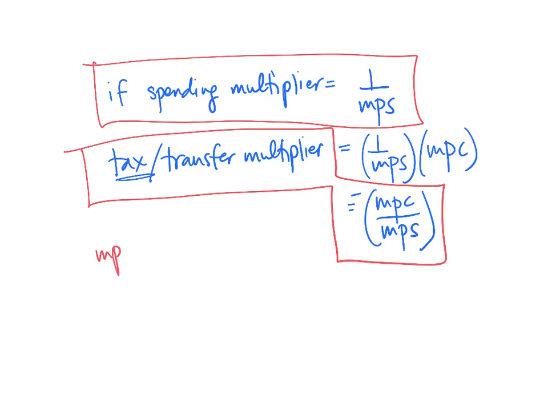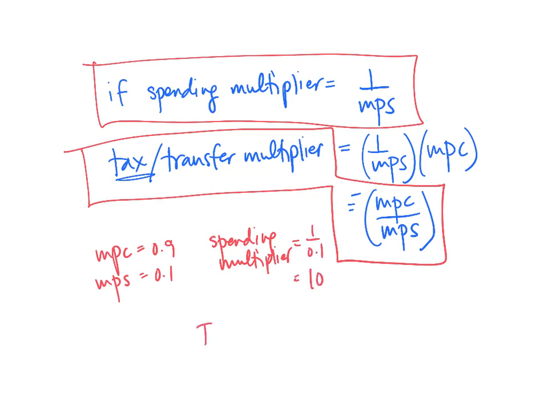Any two numbers you get, let's say MPC is 0.9, let's change up the numbers a little bit. That would make your MPS 0.1, right? So your spending multiplier is what? 1 over 0.1, or 10. Your tax transfer multiplier is 0.9 over 0.1, or 9.